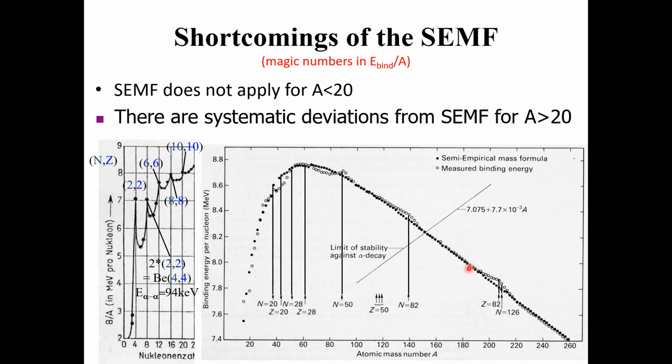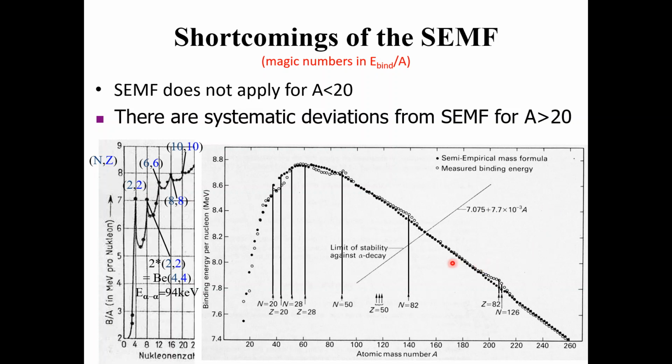If you remember, the real curve systematically increases until we reach the iron mountain, then systematically decreases to a certain value, and then becomes stable up to uranium 235.